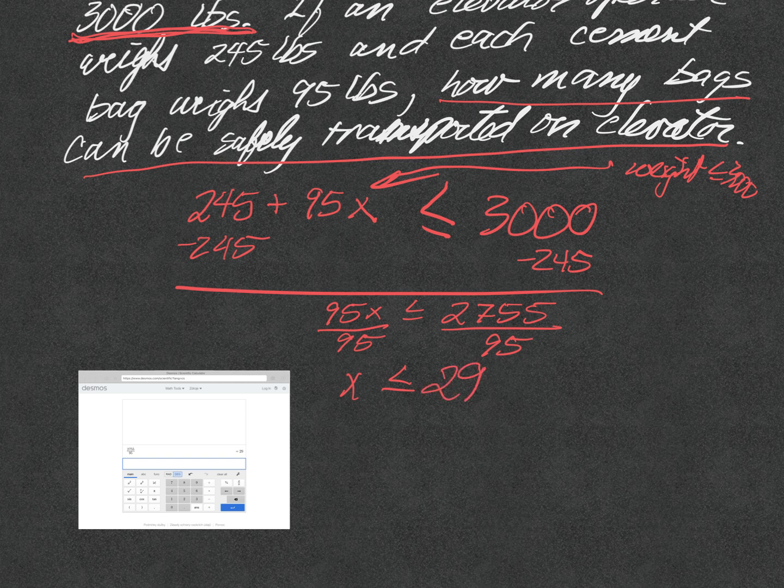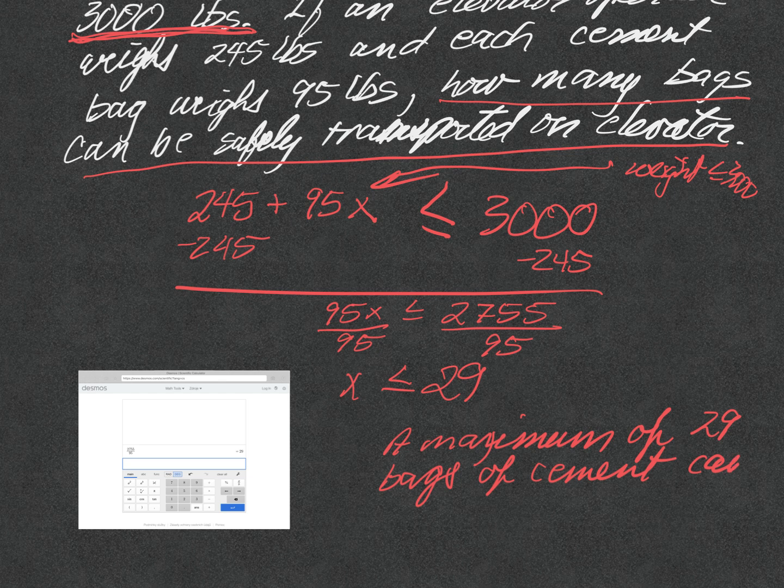And so a maximum of 29 bags of cement can be transported on the elevator.